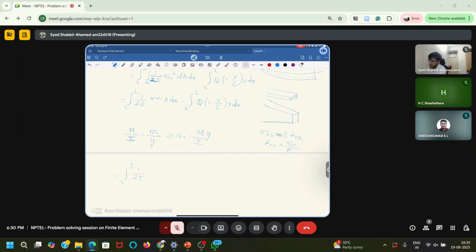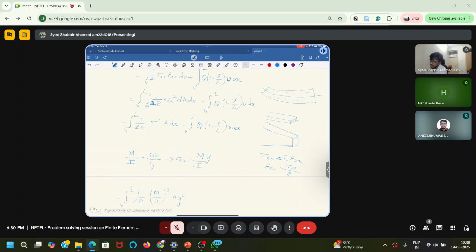1 by 2E into M by I whole square into y square. So instead of writing this, I will still write this as dA. I will not convert it; I'll still take this area integral.